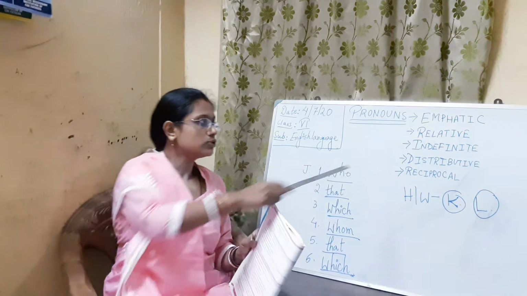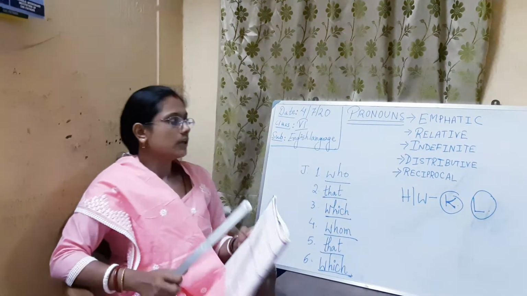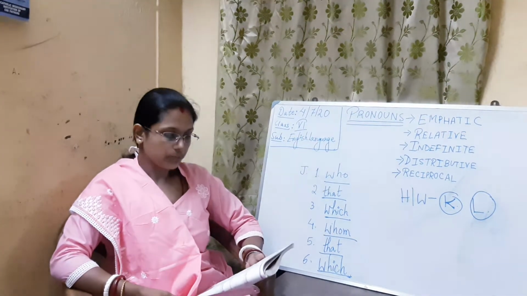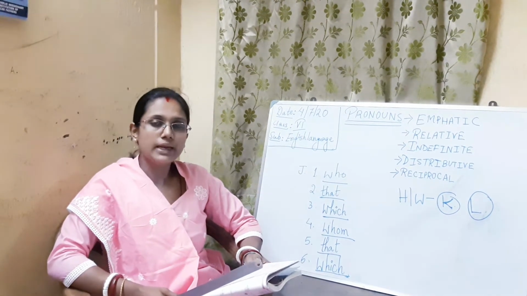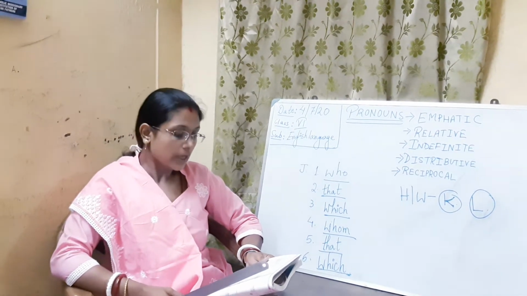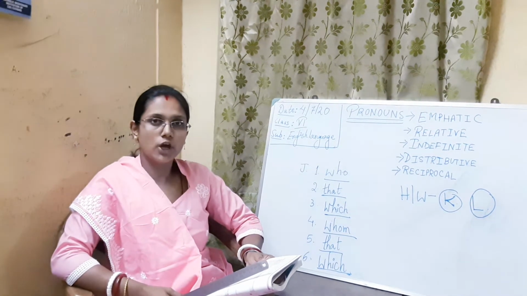Now let us come to the second pronoun, the relative pronoun. What is the meaning of relative pronoun? A relative pronoun mainly shows the relation. Please look at the definition in your book.